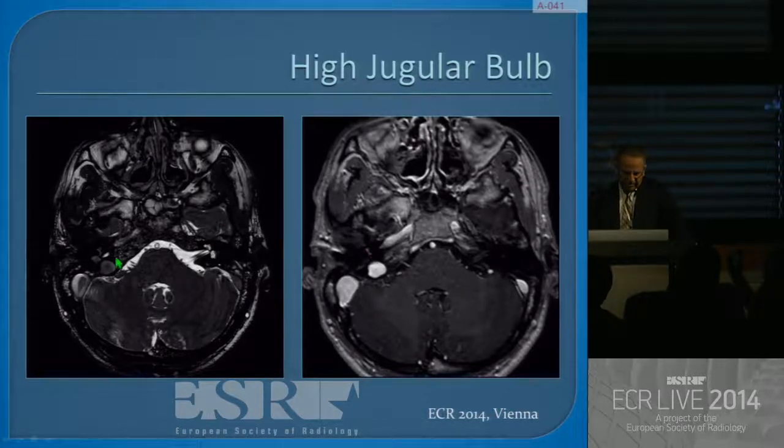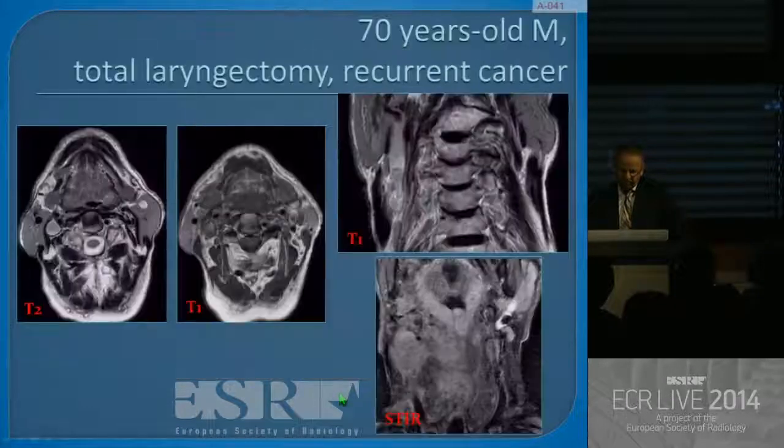In this particular case, on T2 weighted images, it looks like there is a thrombus in the jugular vein, but the post-contrast images clear it up, that it's only a vascular phenomenon that can be encountered on MR. In this case, with recurrent cancer, we can easily see the cancer on this STIR image.